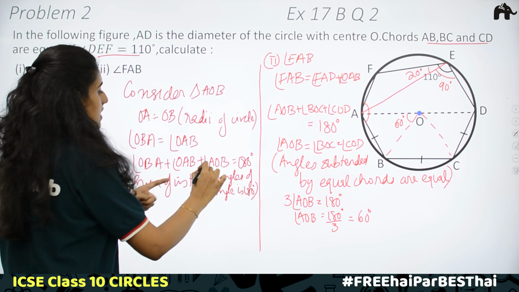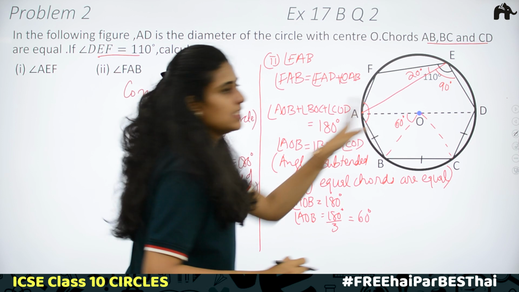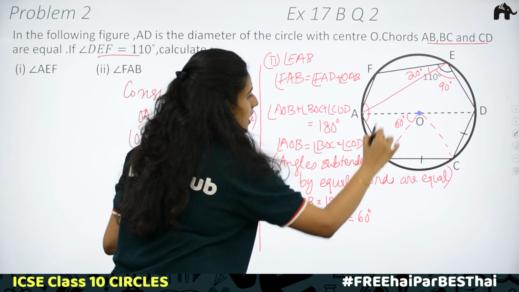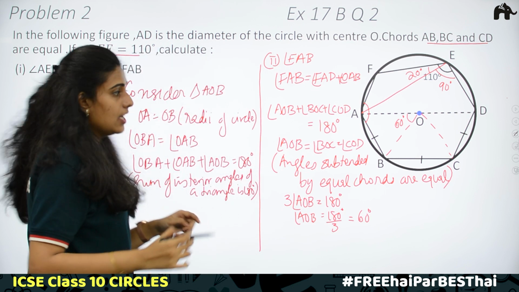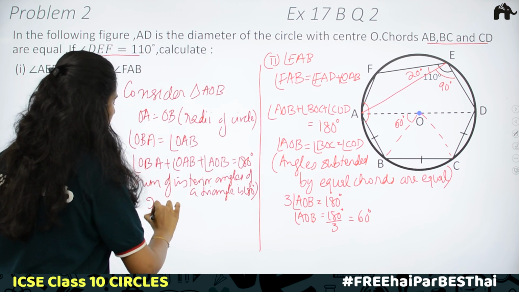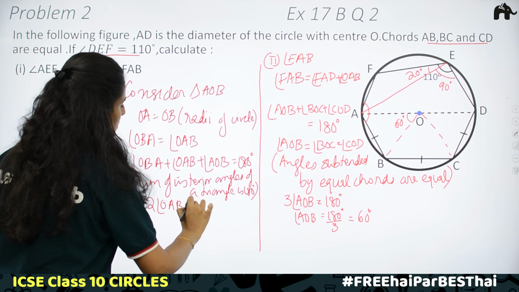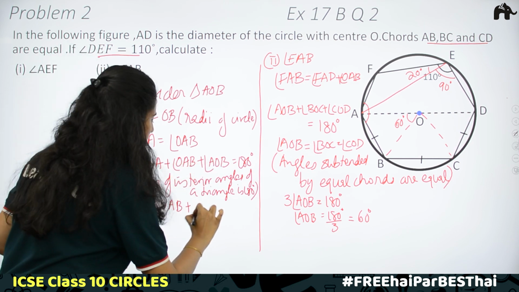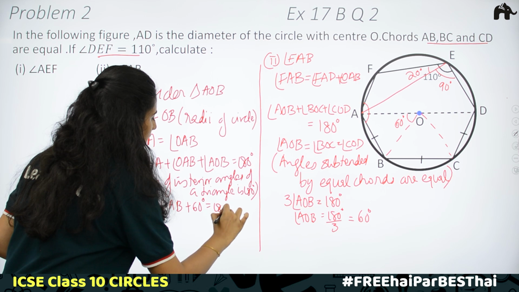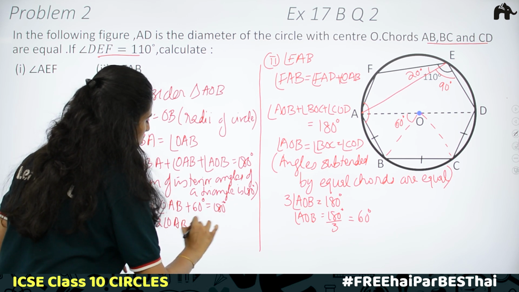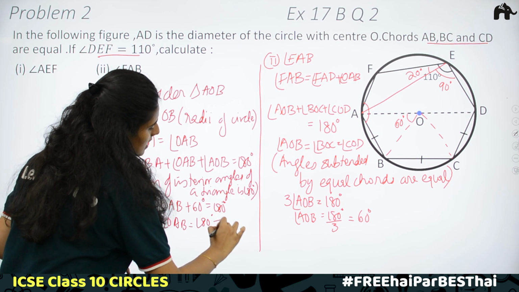Okay, here we have determined the value of AOB. AOB is equal to 60 degrees and we have OAB, OBA equal. Therefore, we can write it as 2 times OAB plus AOB, which is 60 degrees, is equal to 180 degrees, which means 2 times OAB is equal to 180 degrees minus 60 degrees.